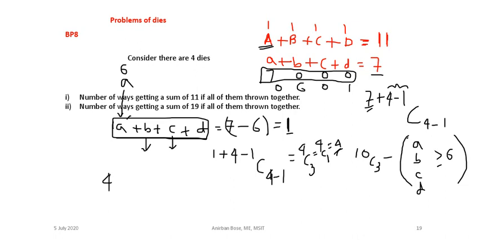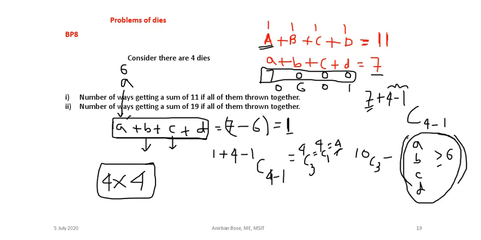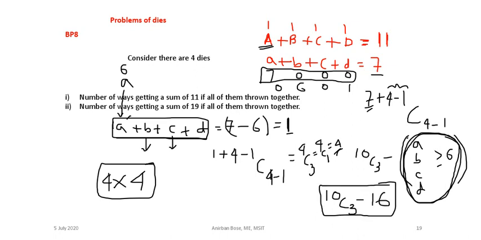So 4 into 4, a total of 16 cases where this situation may occur, where at least 6 will be there in A, B, C or D. So these 16 cases you have to subtract from the total number of cases. So your final answer will be 10C3 minus 16.